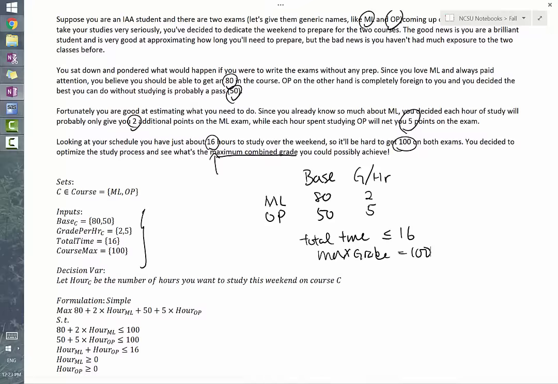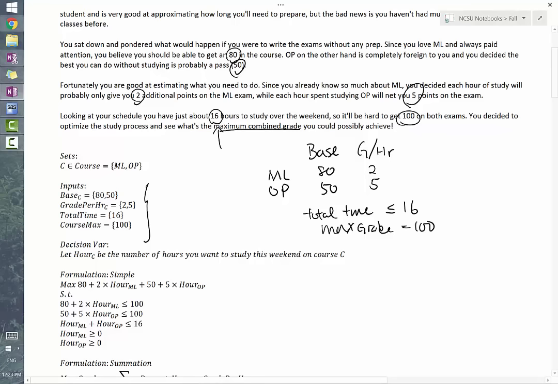So the decision then, as we talked about, is the number of hours you want to study this weekend on course C. And let's denote that as hour under subscript C. So let's think for a second, what does hour subscript C mean? It means for each element C in the set course, which corresponds to ML and OP, I am making a decision about the number of hours to study for that course.